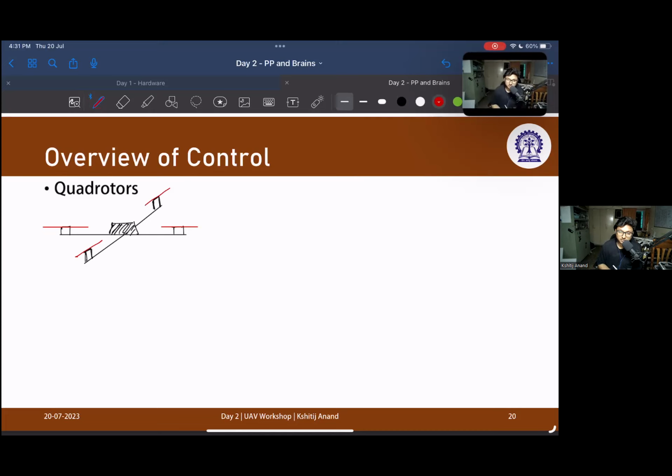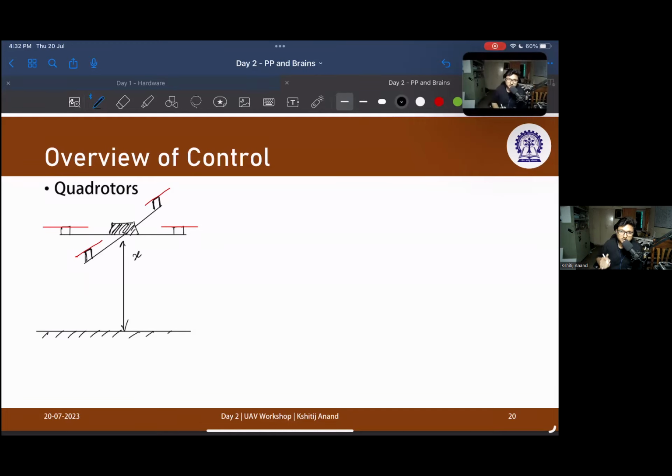So what is the thing that we are trying to control right now? Let's say this is the ground. So right now we want to control its distance from the ground. Okay. We just want to let it take off and hover at some height.